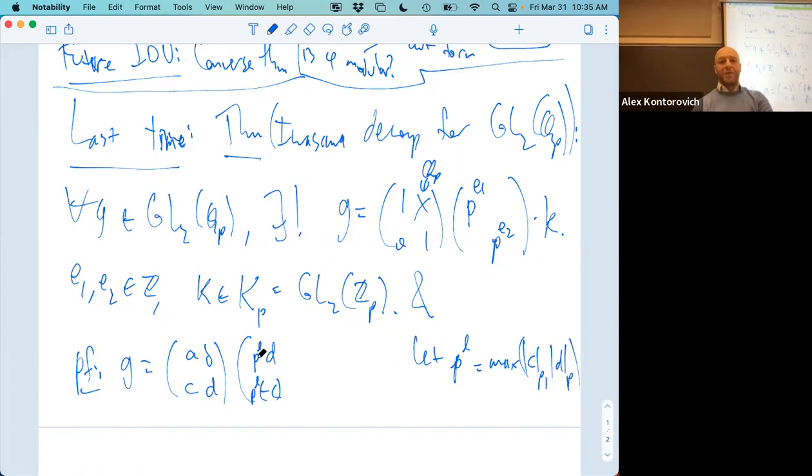So that if I multiply things by p^l, at least one of these is a p-adic unit, so I can fill this out. And then, let's call this K1, it's not the k that's going to go here. So g times K1 is upper triangular.